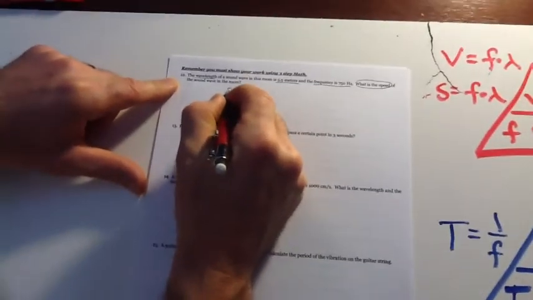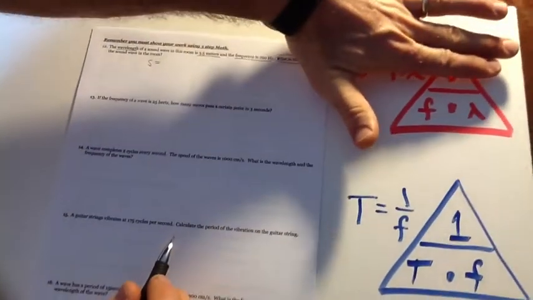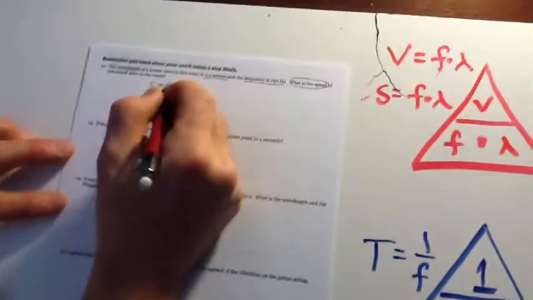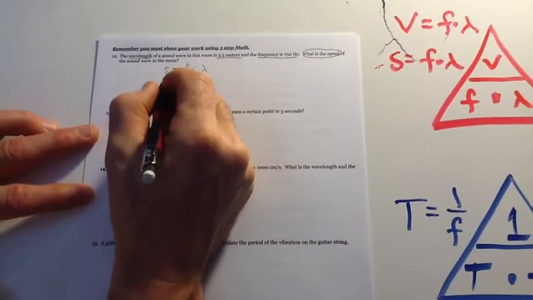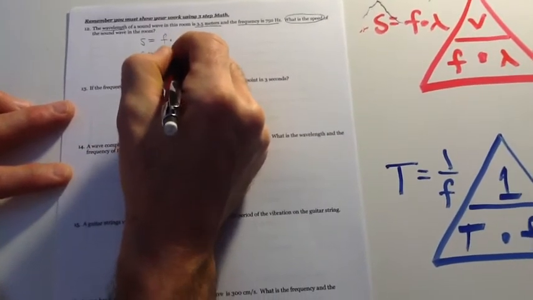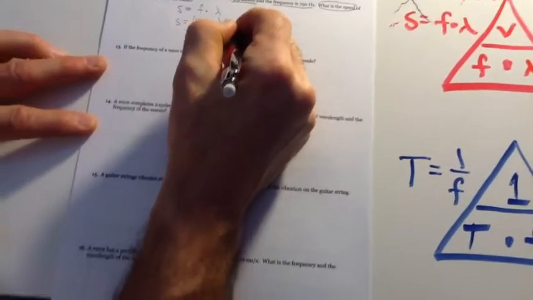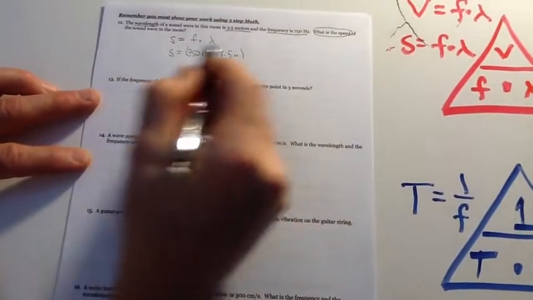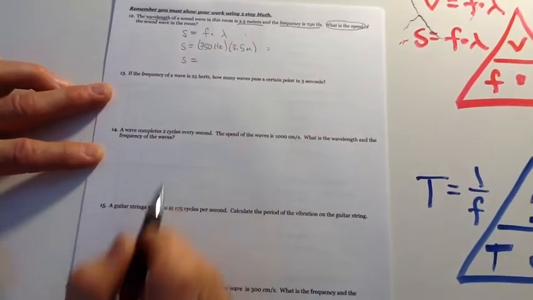So speed equals, we look at our equation over here, frequency times wavelength, or our triangle. Frequency times wavelength. That is a core equation you have to know. This is three-step math. Speed equals 750 hertz times 3.5 meters. You plug in your numbers, so that's step 1, that's step 2, and then you go for the final solution.